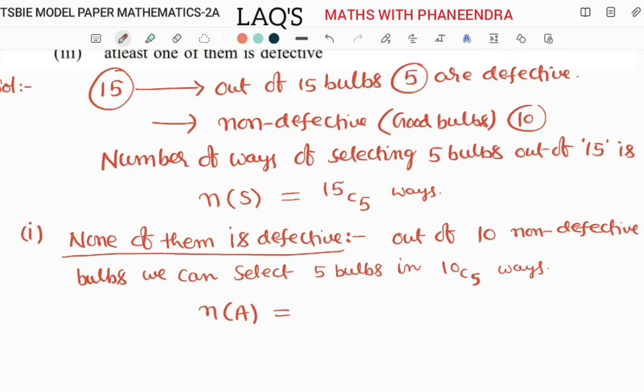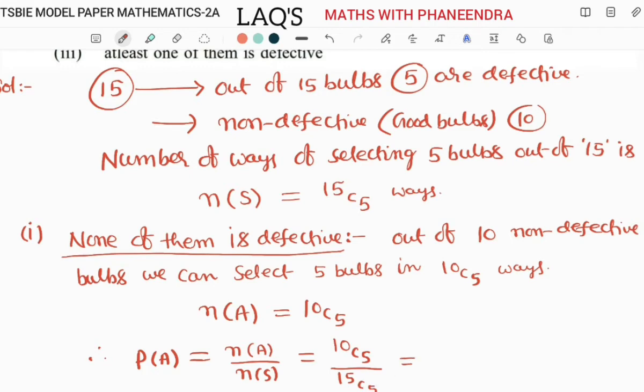So n of A is equal to 10C5. Therefore, the probability that none of them is defective, P of A is equal to n of A by n of S, which is 10C5 by 15C5.